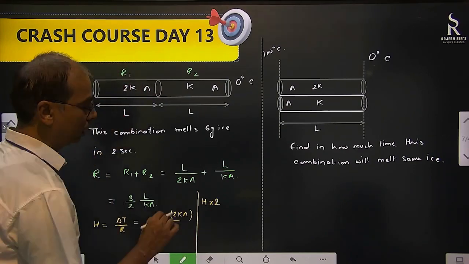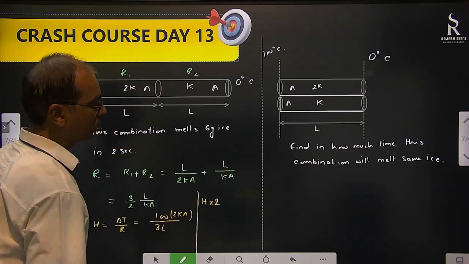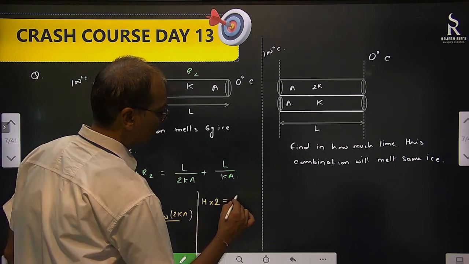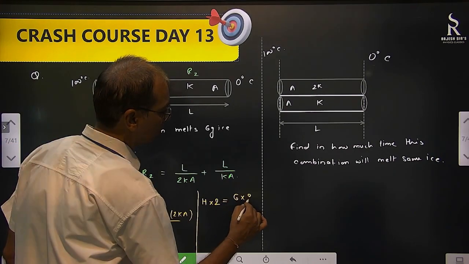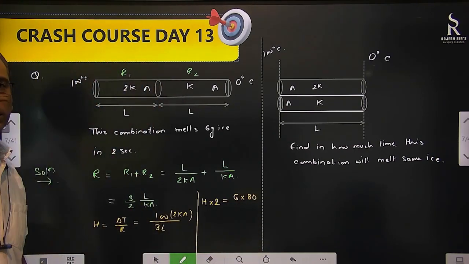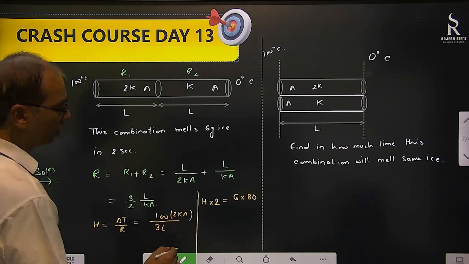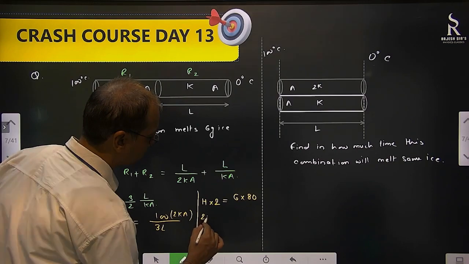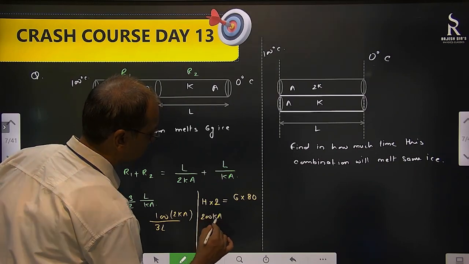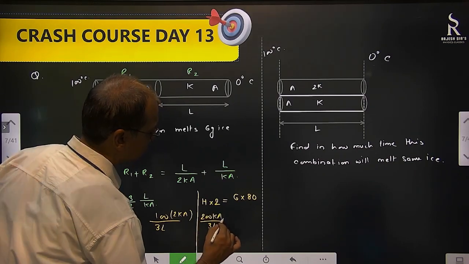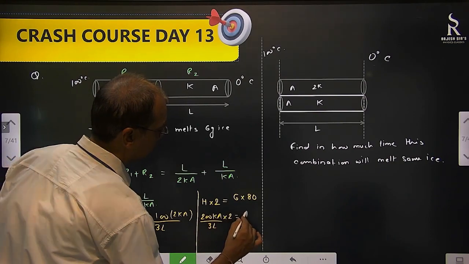Rate of heat flow per unit time into 2 seconds equal to 6 gram of ice into 80 calorie per gram. H value is 200 Ka by 3L, into 2, equal to 480.